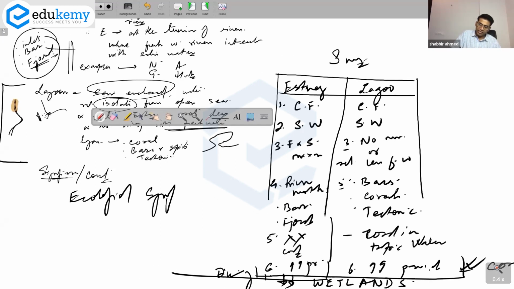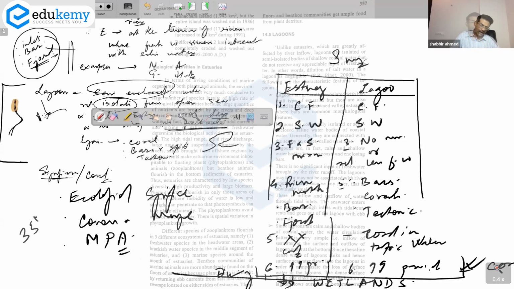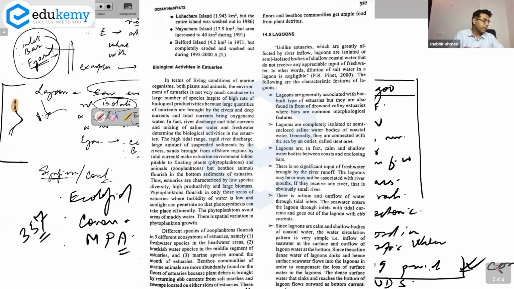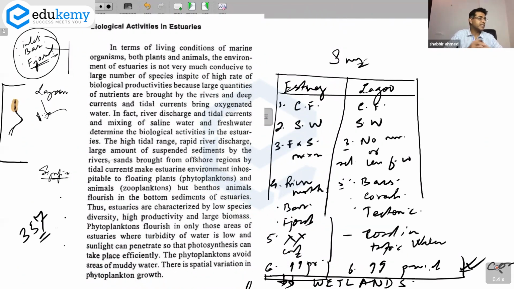Ecological significance, the need to conserve and manage, and maybe the concept of marine protected areas, talk about the conservation. In 357, there's one column on the biological activities in the estuaries.